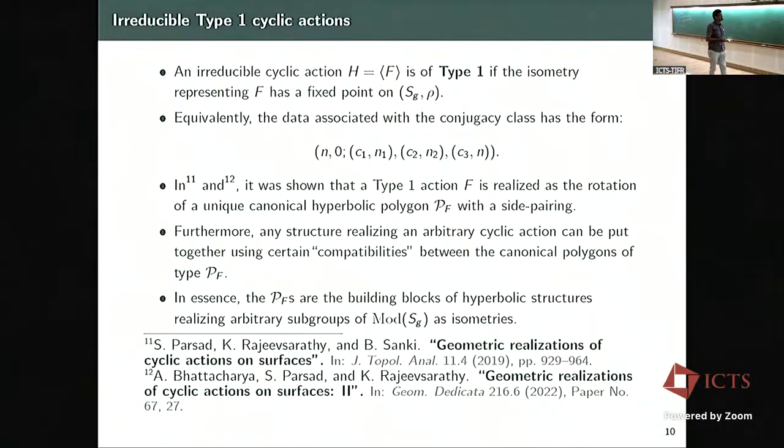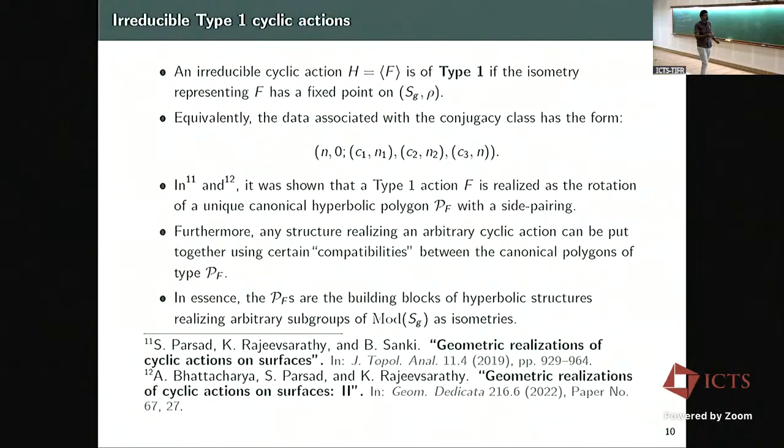What we showed some years back is that these actions are very special. We know all these actions have a unique hyperbolic structure realizing them as isometry. These actions are realized by a very particular hyperbolic structure, which is given by a regular hyperbolic polygon, and you rotate that polygon in a certain way, and that realizes all these type 1 actions.